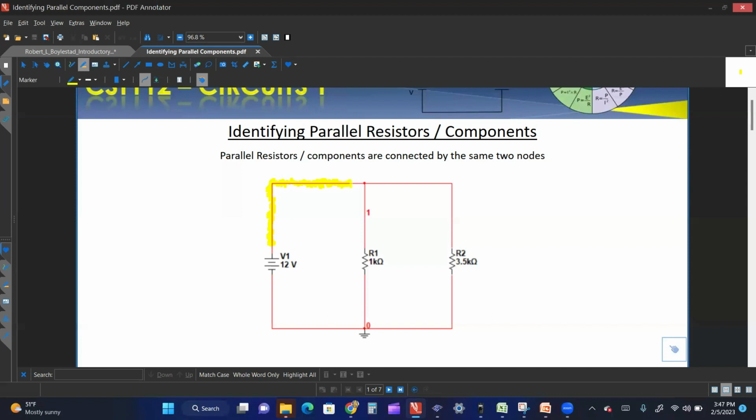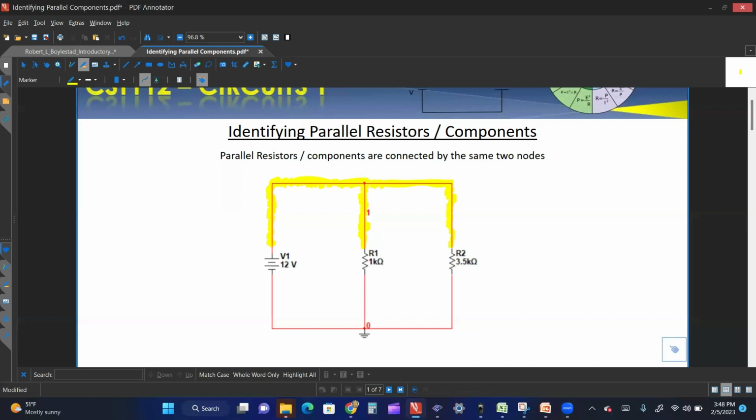The question in your mind should be, how do I know where to highlight? Well, all I'm doing is highlighting all the way up until I get to a resistor. So as you can see, I started here and kept going over here.